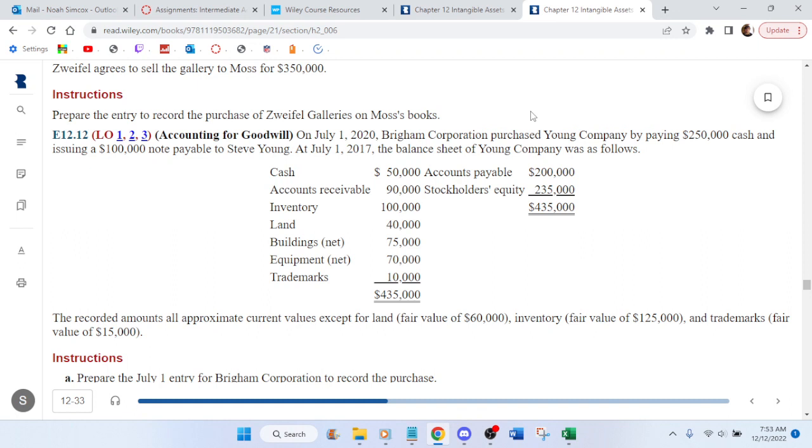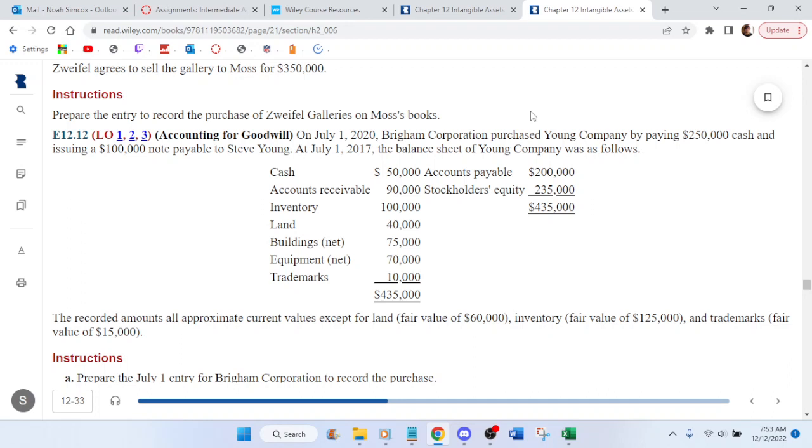Wait, what does that even mean that they issued a note payable? Okay, so they gave them a piece of paper that says, we will pay you $100,000 later. I think that's what that means.